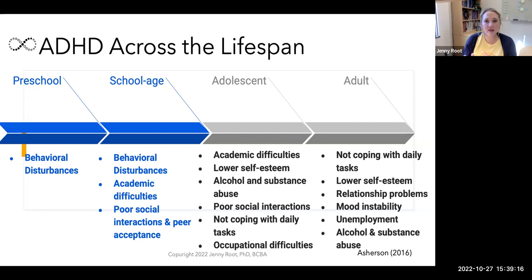And then in adults, this is going to look like maybe not being able to cope with those daily tasks. So as our responsibility increases, it's then going to increase the things we have difficulty with. We may have relationship problems as a result, high rates of unemployment, and alcohol and substance abuse to regulate the dopamine and how we feel.